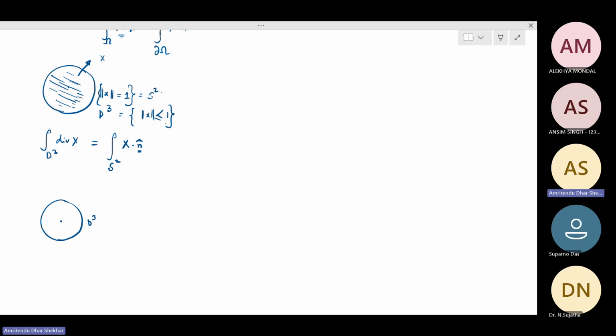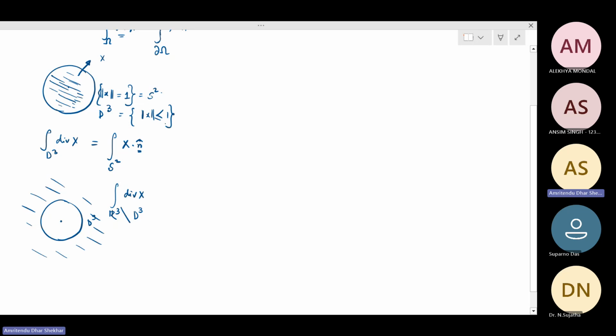And let's say now you're doing the divergence of X not over D3, but in the region outside D3. So you're doing it in the region R3 minus D3. So this is the region in which you are doing your integration. You're essentially excluding the disk.